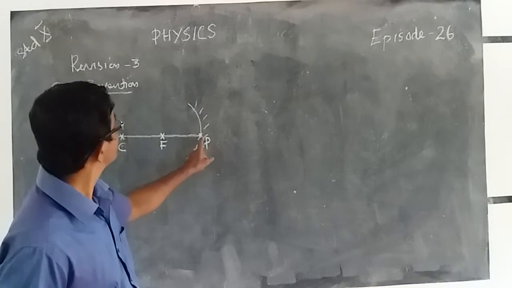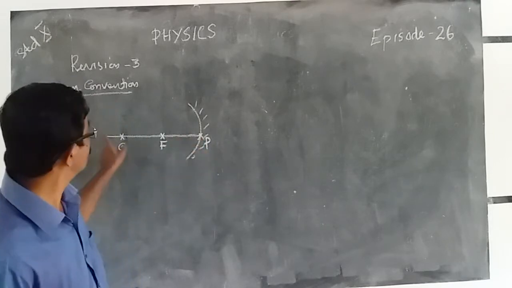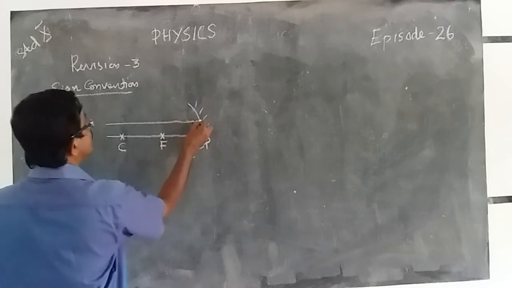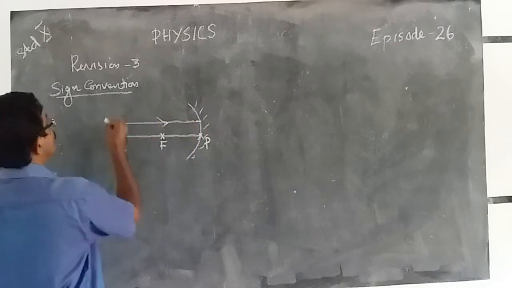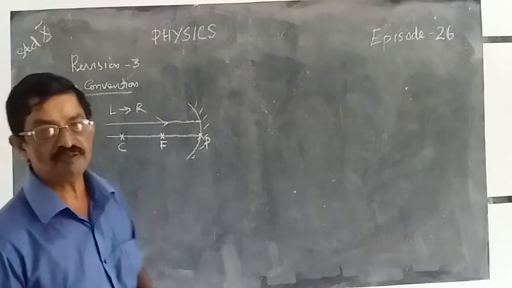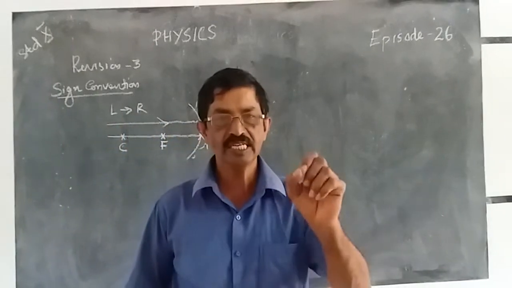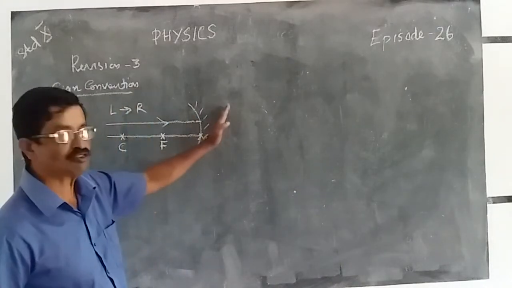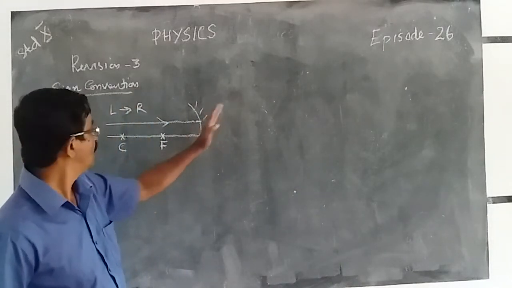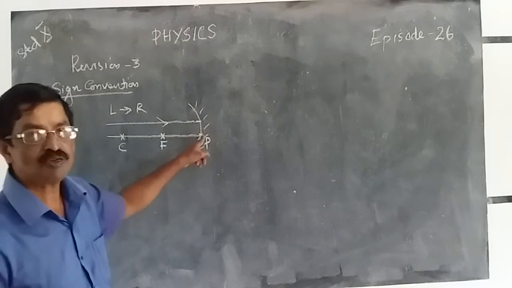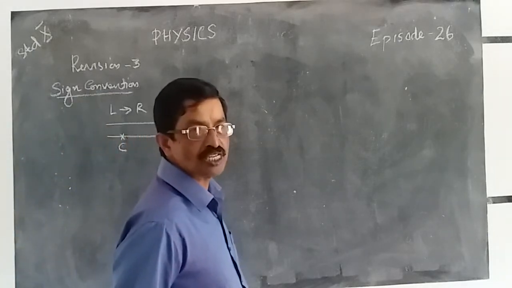When we measure distance from the pole, one thing you want to remember: we consider light rays incident from left to right, light rays coming to the mirror from left to right. And the distance in which direction do we take as positive?